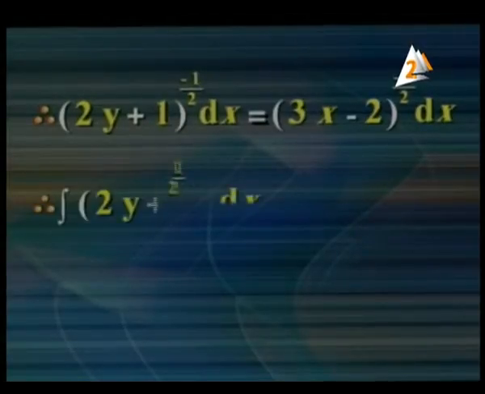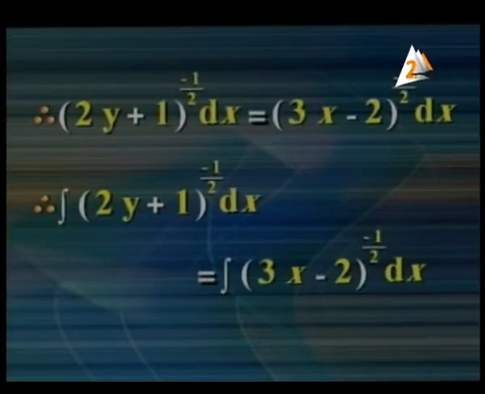The first, what is the integration of the first? The integration of (2y plus 1) power negative half dy equals the integration of (3x minus 2) power negative half dx.